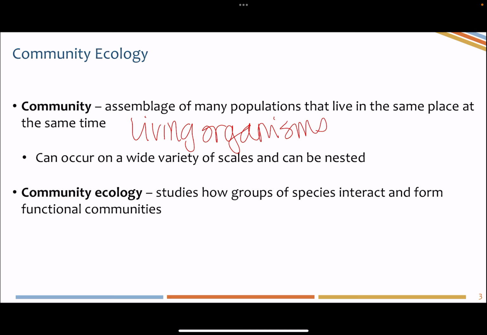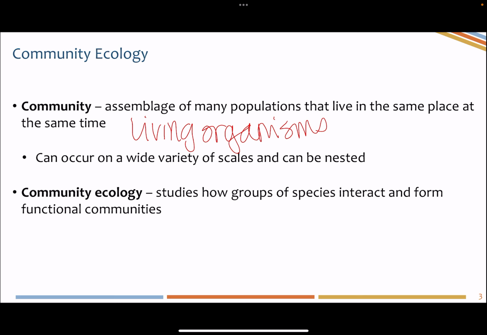So in chapter 43, we talked about populations and specific ways in which populations or types of organisms interact. Here we're going to focus on a broader discussion of communities and how communities as a whole function, not just the interactions between one or two types of organisms in that community.